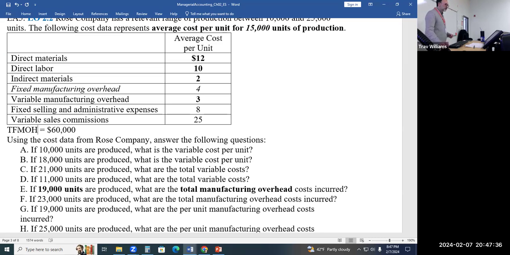That was the $4 times the 15,000 units. Then we can divide that by 19,000 units to get our fixed cost per unit, our fixed manufacturing overhead cost per unit.